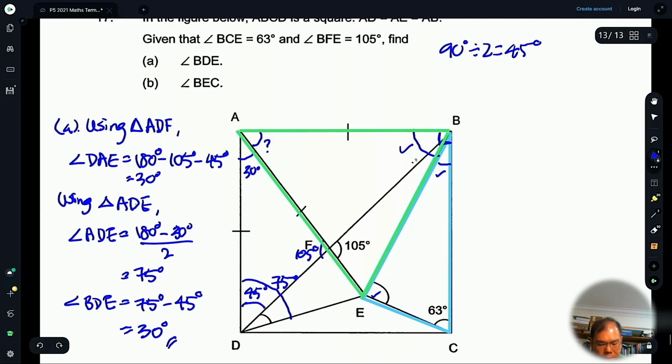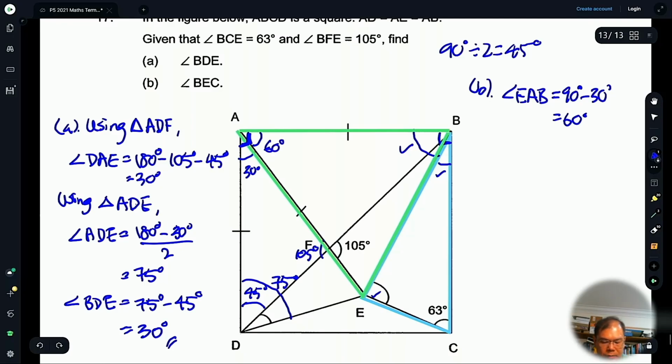So how do I find angle EAB? Actually, it's very simple. This is actually 90 degrees, and angle DAE is already 30 degrees, so I just take 90 minus 30, so that's 60 degrees. So this is 60 degrees here. I found this as 60 degrees.